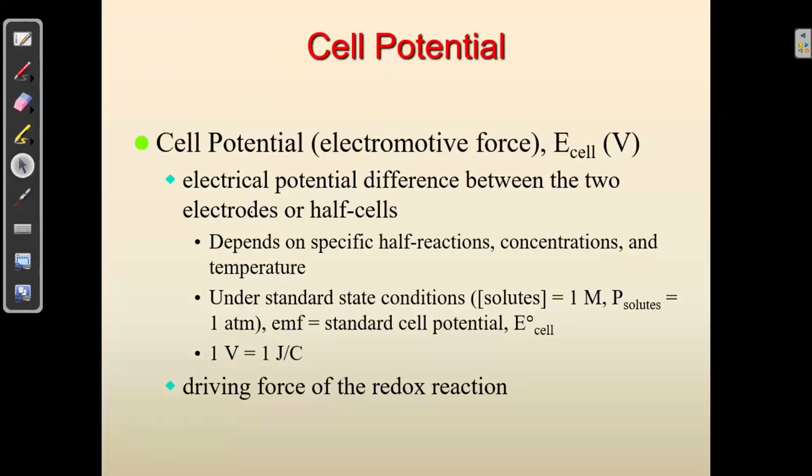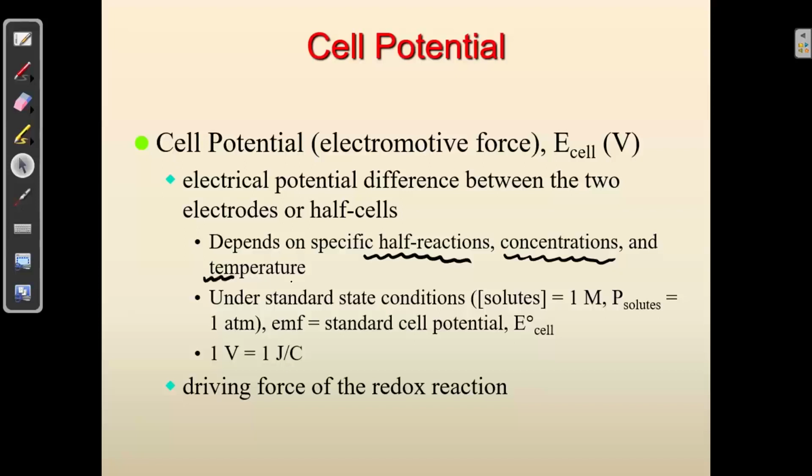The electric potential difference between two electrodes, or the half cells, depends on the specific half reaction, concentration and temperature. Now, how does this cell potential depend? It depends on the half reaction. It depends on the concentration of your cations, that is Cu plus 2 and zinc plus 2.